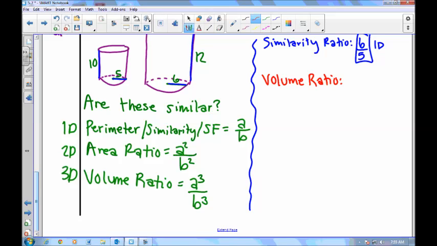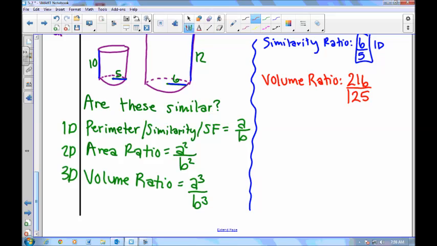I know 6 squared is 36, but in 3 dimensions, we have to cube. 6 cubed, do you have it for us? 216. And 5 cubed, does anyone know that off the top of their head? 125. So what we're going to do is actually calculate the volumes, put them into a ratio, and if it matches that, then we say yes, they are similar.